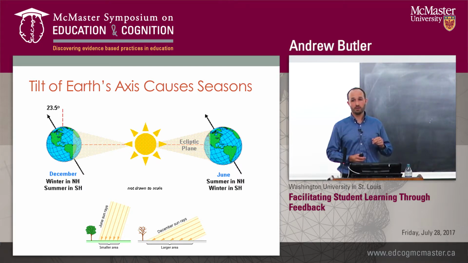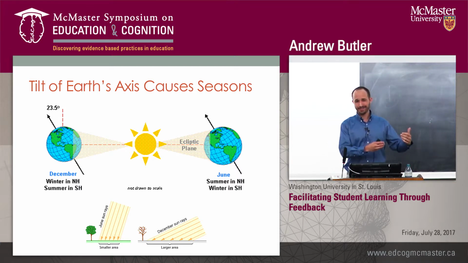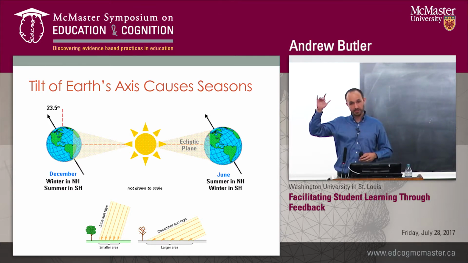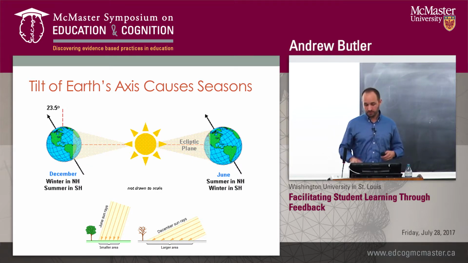There's a great video called A Private Universe that shows Harvard graduates being asked this question immediately after graduation, and they all confidently stand up there and go, well, duh, it's because the Earth moves closer to the sun and further away. Not true. Here's what it is. It's the tilt of the Earth on its axis, right? So a lot of people hold these misconceptions.